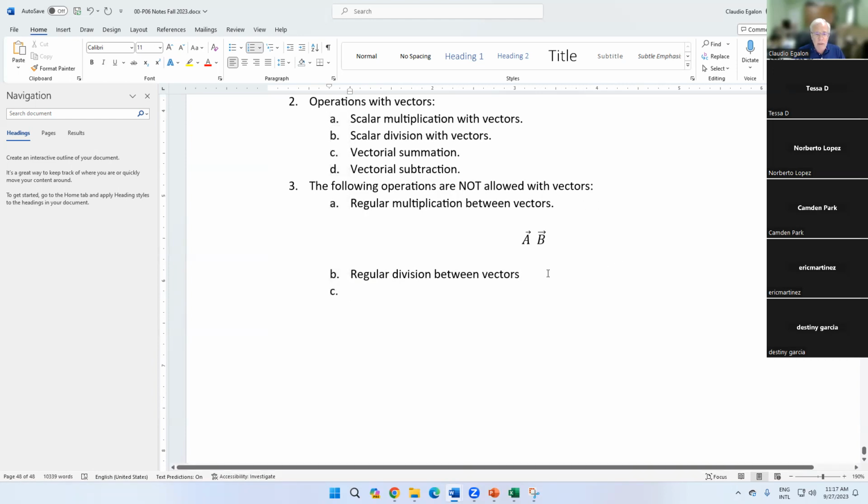And regular division, what do I mean by regular division? Just something like that. You don't divide one vector by another one. You don't multiply a vector by another one.